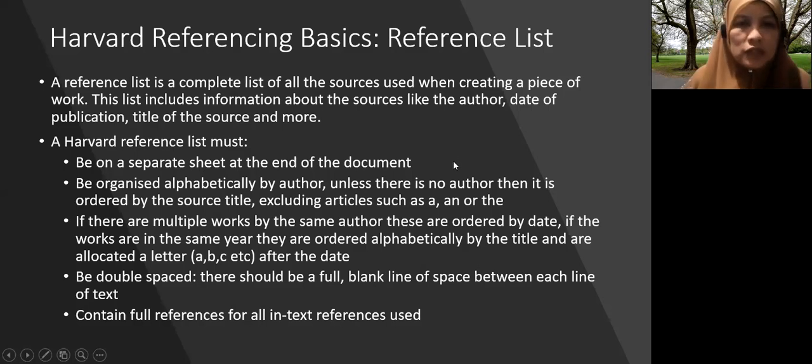The full citation is put under the reference list, not the in-text citation. Because I look at here, contain full references for all in-text references used. You know, I got it wrongly. It means that whatever in-text citation you have earlier, you have to make sure that they are included in the reference list. I hope you don't get mixed up.